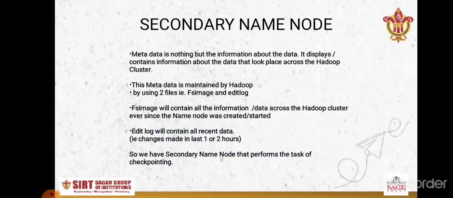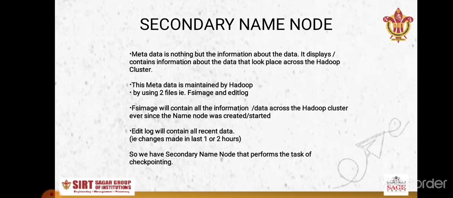Coming to the secondary name node. Metadata is nothing but information about the data. It displays or contains information about the data stored across the Hadoop cluster. Whatever data is stored has to be managed across the Hadoop cluster, and metadata gives the information about the same.